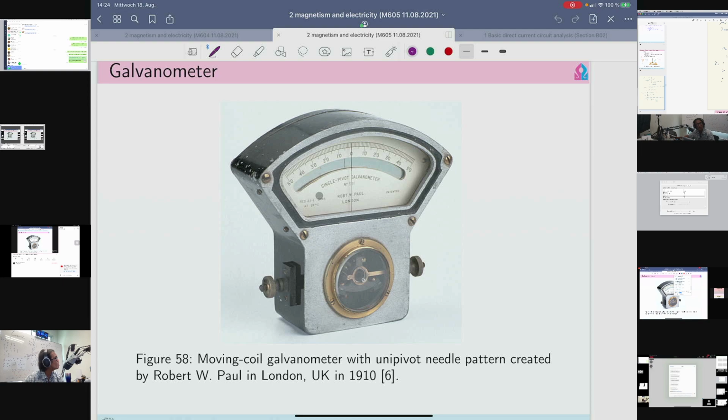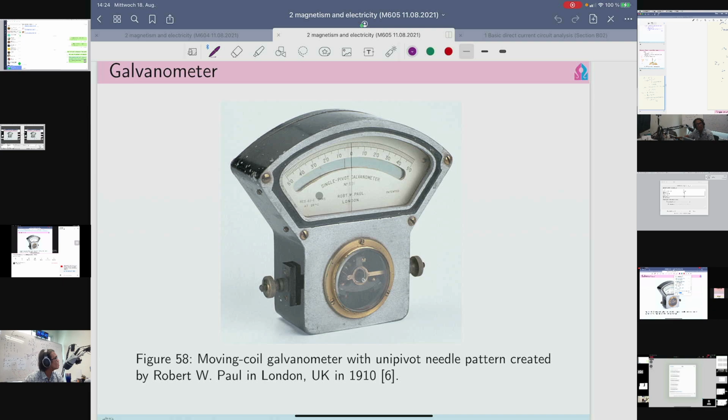Moving coil galvanometer with a unit pivot, which means there is only one rotating point and a needle, and paddle, created by this person in the museum in the United Kingdom.